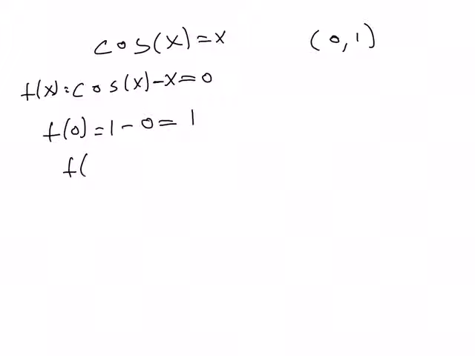Now f of 1 is equal to cosine of 1, which I put in the calculator, is like 0.54. Is it square root of 2 divided by 2? No, I don't think so, that's not it. Anyway, maybe square root of 2 divided by 2.